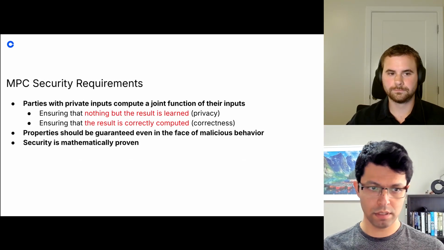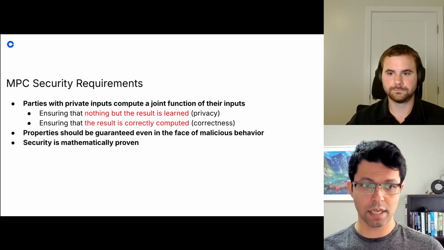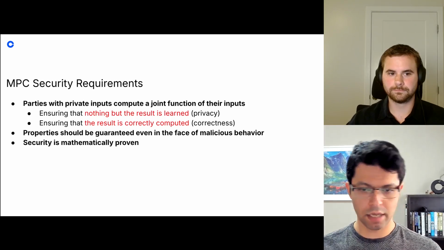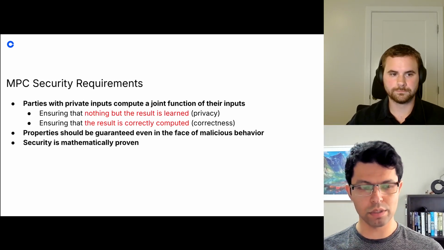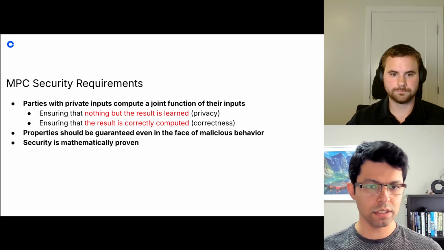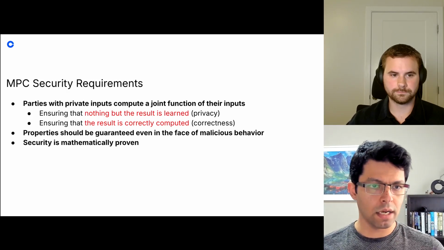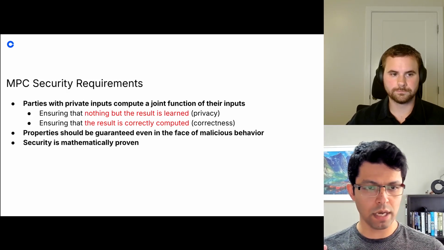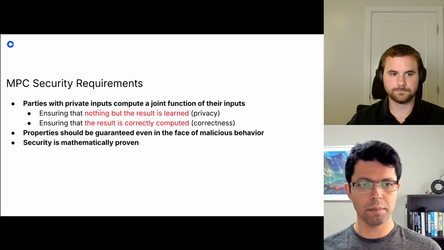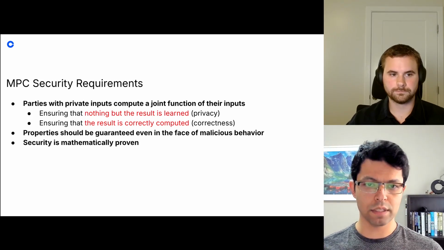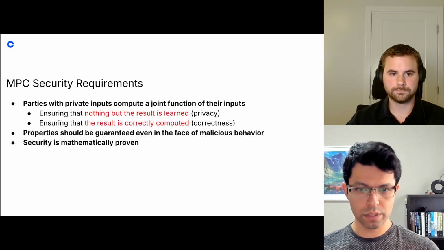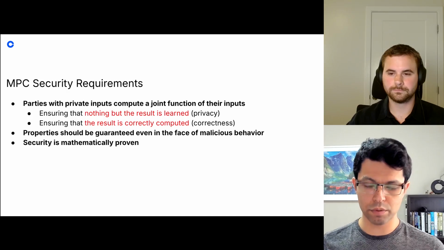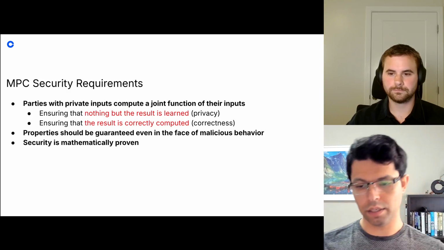And the M in MPC stands for multiple parties. Throughout this presentation, I will use parties or machines interchangeably. In the MPC world, we have multiple parties. Each of them has a private input, and they jointly want to perform a computation or a function on their data.